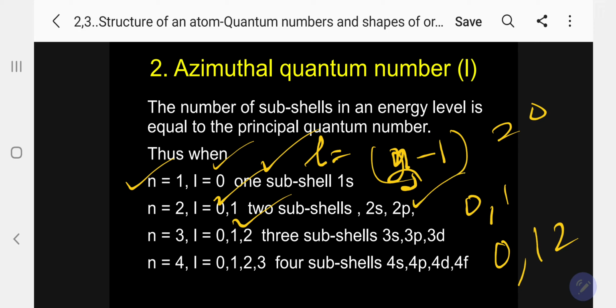Here 2s, 2p. The same way, if you go for n equal to 4, L equal to 0, 1, 2, 3, because 4 minus 1 is 3, including 0. 4 subshells, 4s, 4p, 4d, 4f. Please remember, very, very easy.